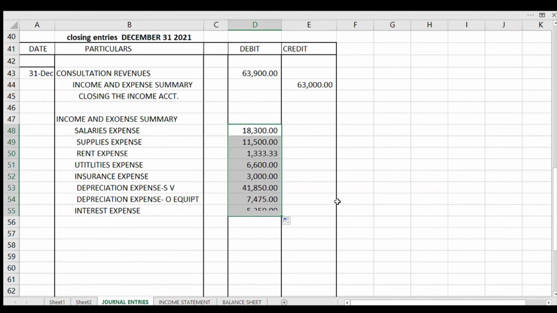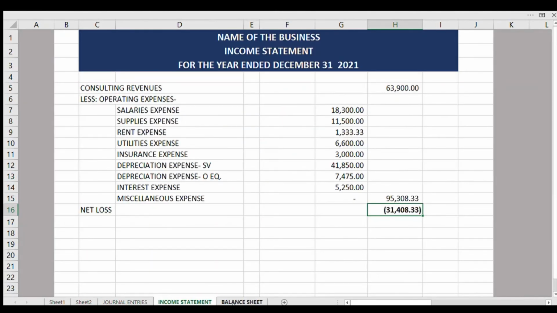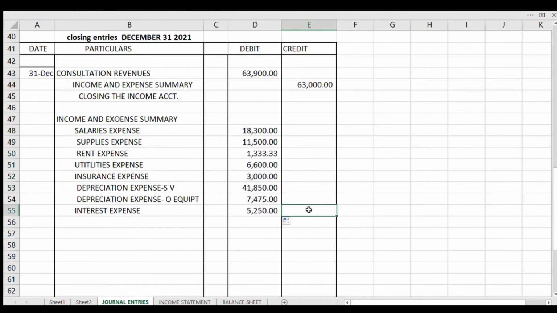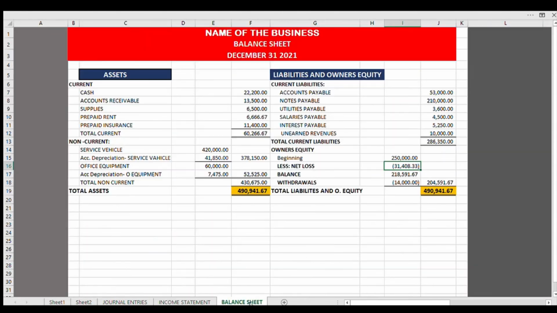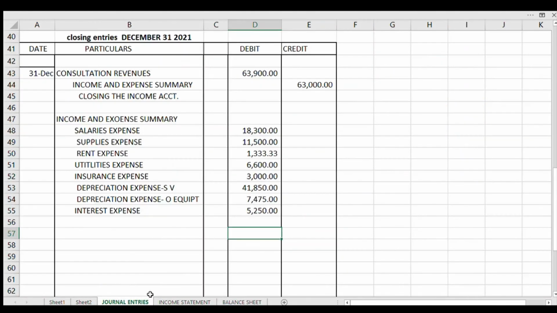Let's check it again, and we can confirm it by checking the balance. We have 95,308.33, and it shows here 95,308.33. So that's right.